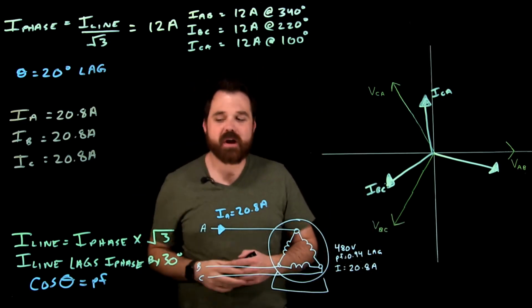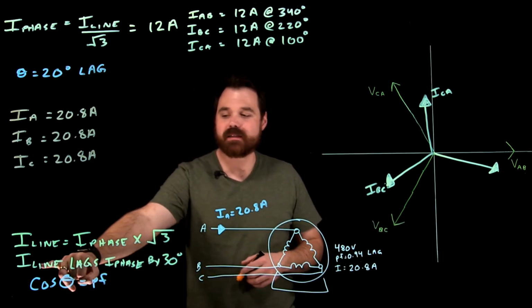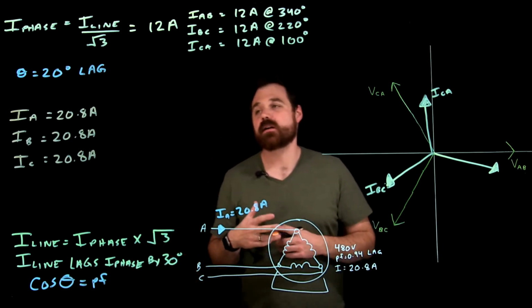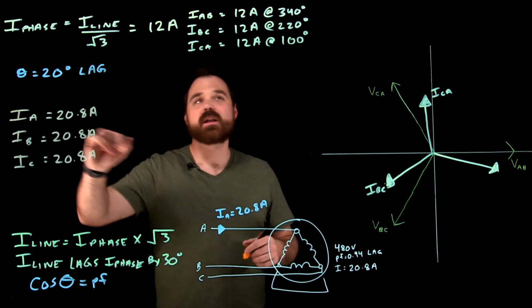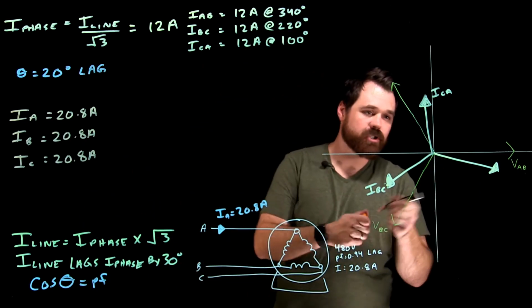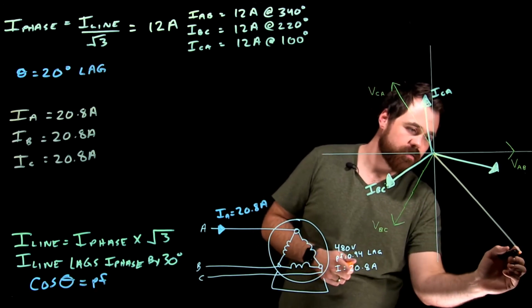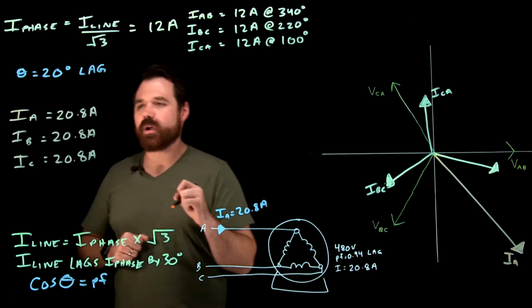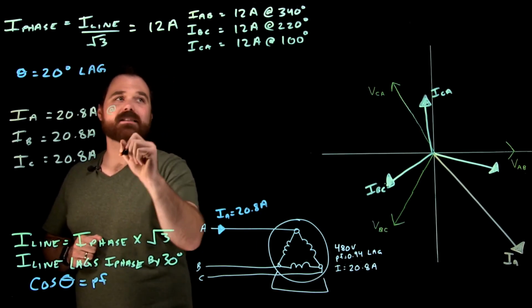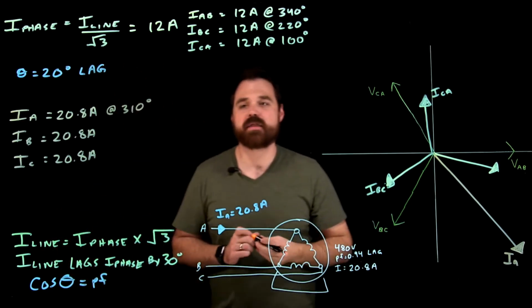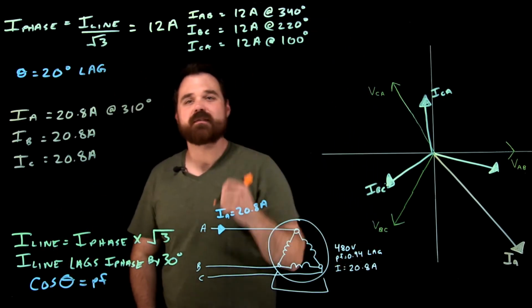So instead I'm going to apply these rules, which tell me that my line current lags my phase current by 30 degrees. So line A is going to lag phase A by 30 degrees, which is going to put it down here. IA is going to be at 310 degrees, right? A 30-degree lag from my 340.